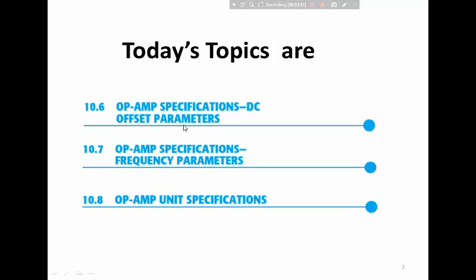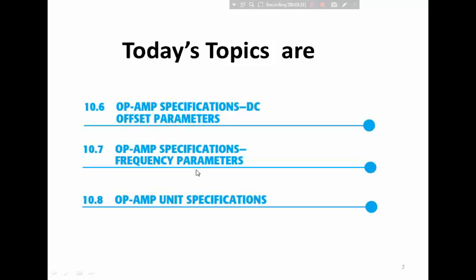The specifications are divided into DC offset parameters and frequency parameters. DC offset parameters are related to the DC voltages and currents, and the frequency parameters are related to the bandwidth of the amplifier: what is the lower cutoff frequency or higher cutoff frequency of the amplifier, and the bandwidth of the amplifier.